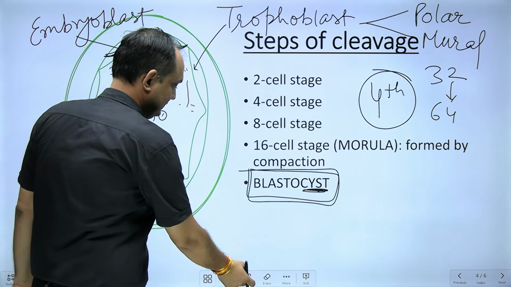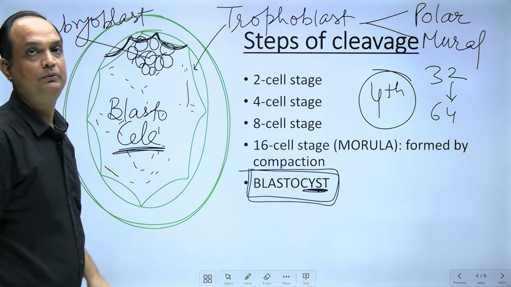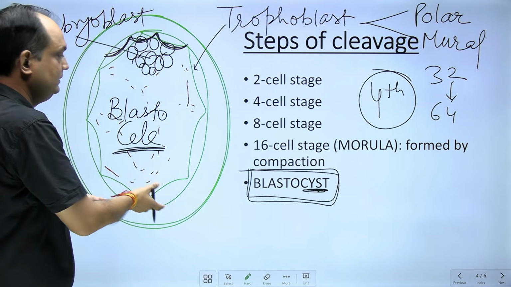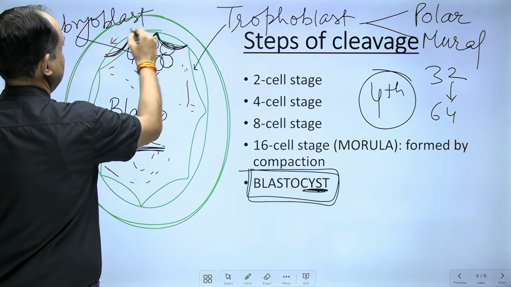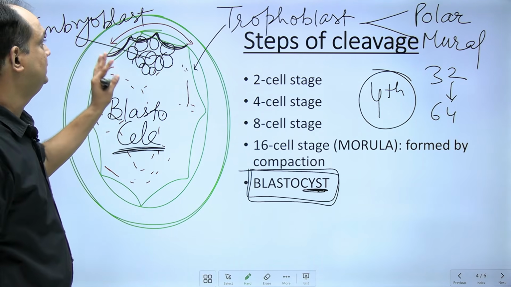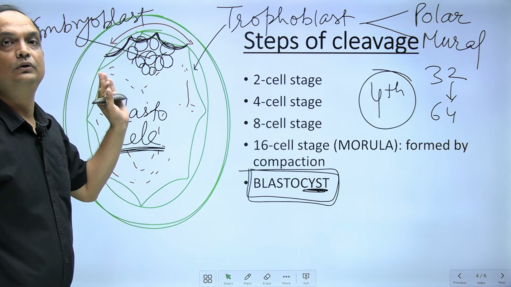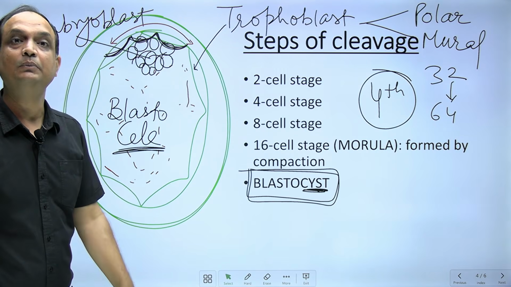Now there is one more nomenclature. The embryoblast divides this blastocyst into two parts. This area is known as the embryonic pole of the blastocyst. Embryonic pole is also known as animal pole.